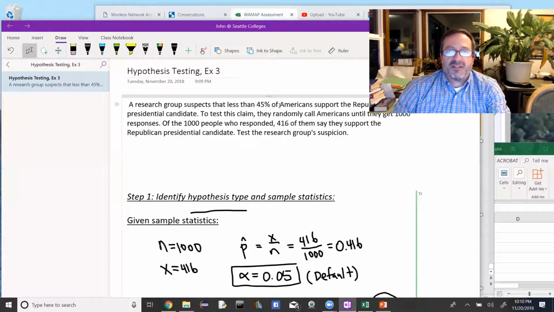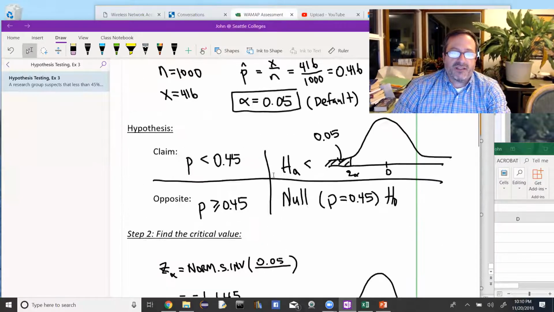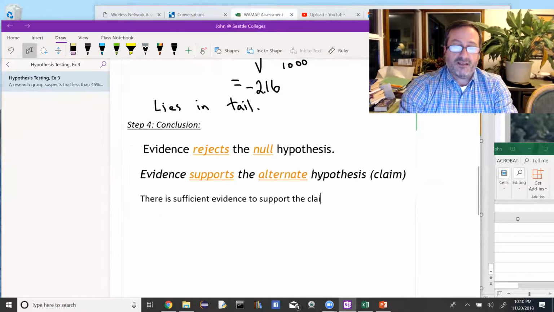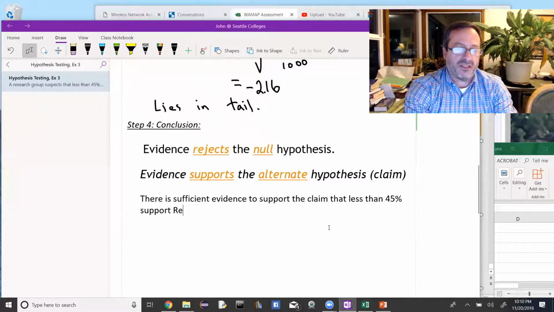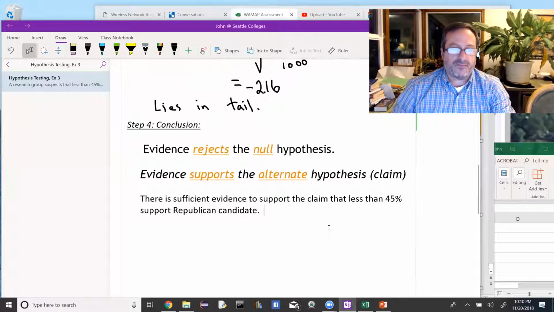Less than 45% of Americans support the presidential candidate. Oh, let's claim that less than 45% of Americans support the Republican candidate. Okay, so that part's done.